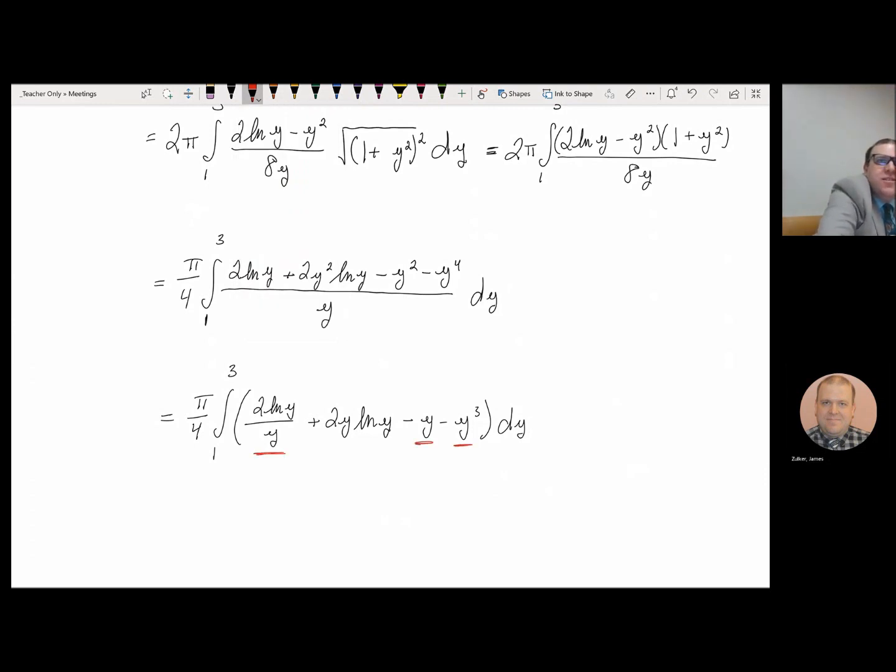Those 3 are simple antiderivatives. That y log of y, though, that is going to require integration by parts. Oh, that sucks. Actually fairly certain, though, that that is one in the table.